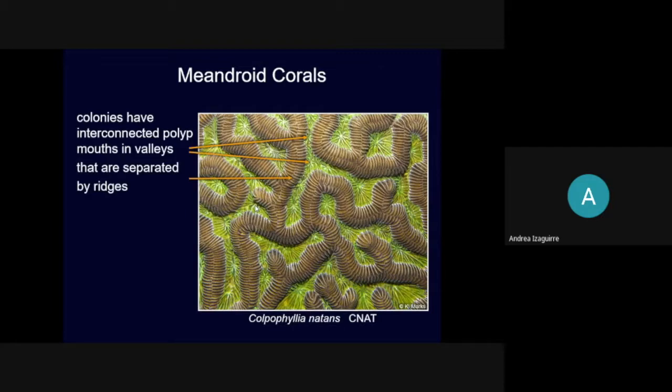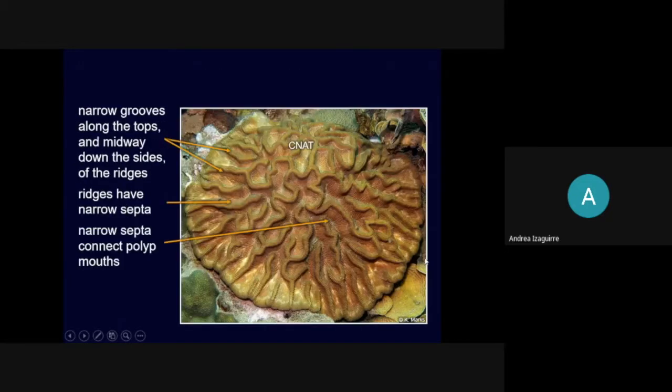But again, the number one thing that you want to look for is the big groove at the top of the wall, and that gives it the zipper look. So that's your number one identifying feature in this coral. As you can see in this one, even though it has almost the same coloration between the wall and the valley, it does still have its paliform lobes, and it has that degree angle change.